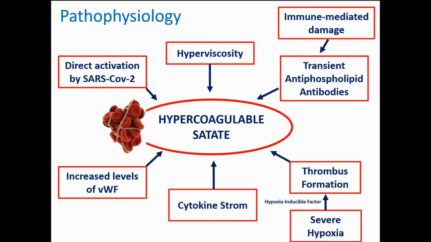My colleagues can tell you that this could be bacterial, or it could be any other, leading to sepsis. But what is important to recognize is, in the context of SARS-CoV-2 infection, the hypercoagulable state, let us say disseminated intravascular coagulopathy, is a result of multiple factors, okay?